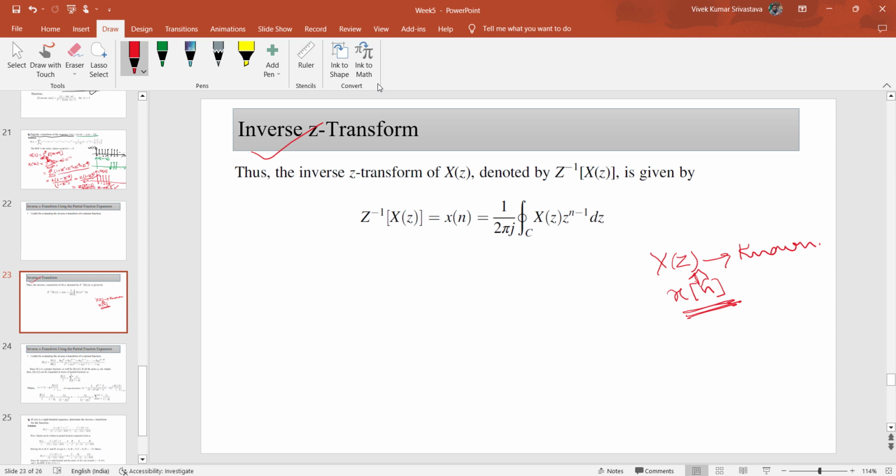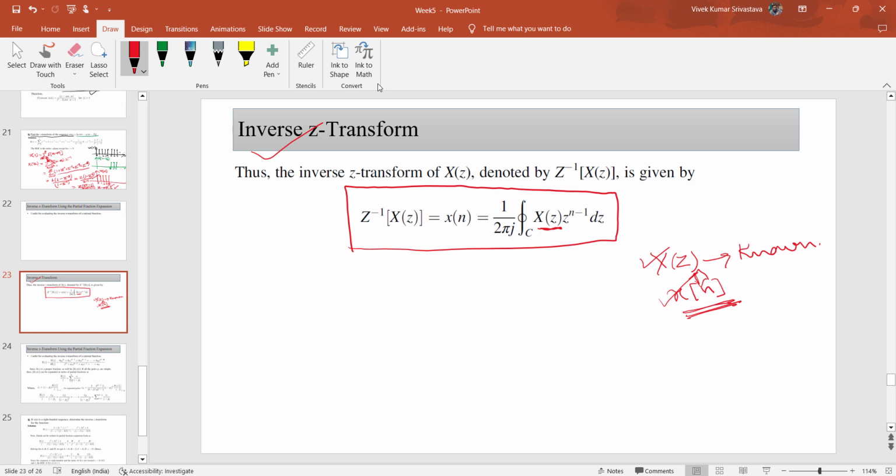This is basically an inverse problem where X of z is known to you, and by using this X of z, we are evaluating the value of x of n. By using this integral, we can evaluate the inverse z transform. But the problem with this integral is that for a complex X of z, evaluating it is very difficult.